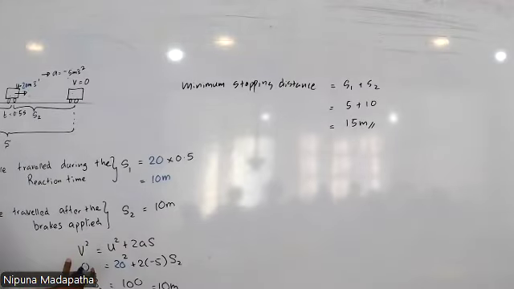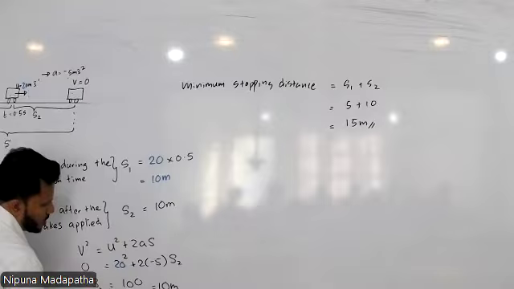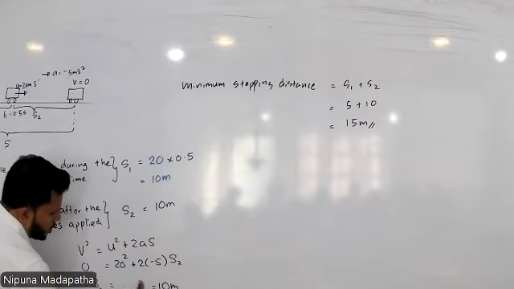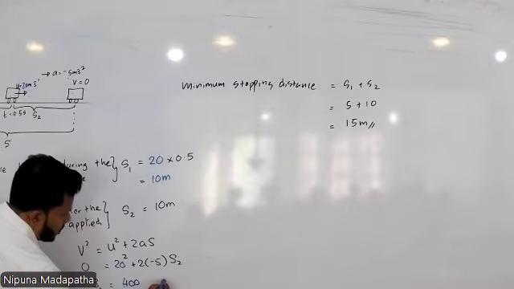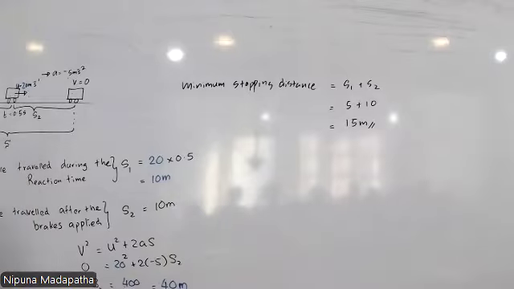Therefore, the deceleration or force, the resistive force generated by the brakes, is the same in both situations. So therefore, the deceleration is the same. So this becomes 400 over 10, and it is 40 meters.